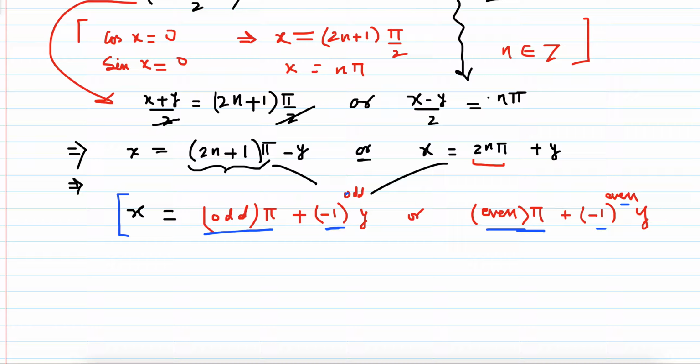So this step we will not write, it's rough work. We can write, suppose k is a number, then we can write k pi plus minus 1 to the power ky.